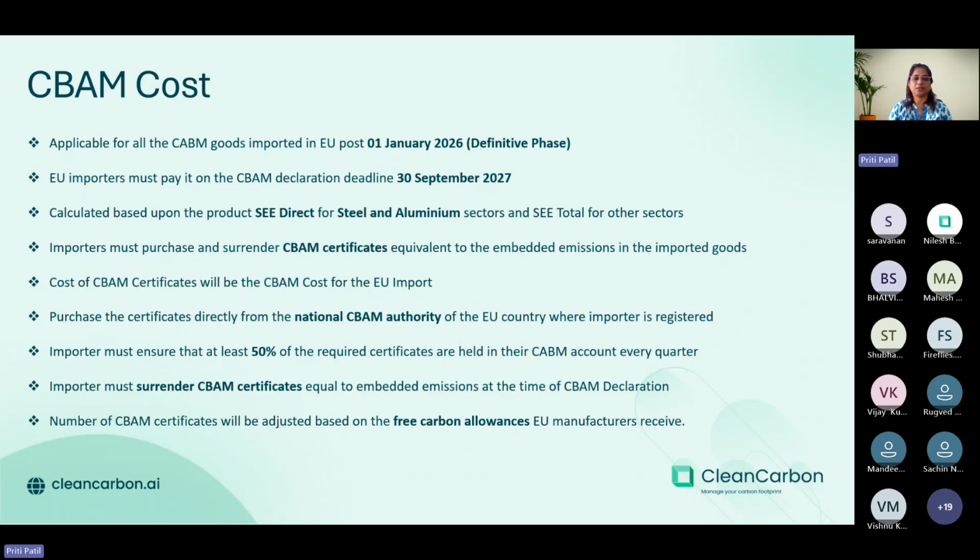Importers must surrender CBAM certificates equal to embedded emissions at the time of CBAM declaration. So half the amount needs to be kept in the CBAM account throughout the year.